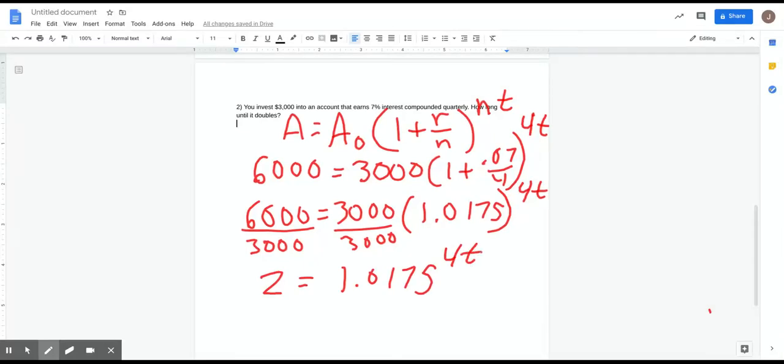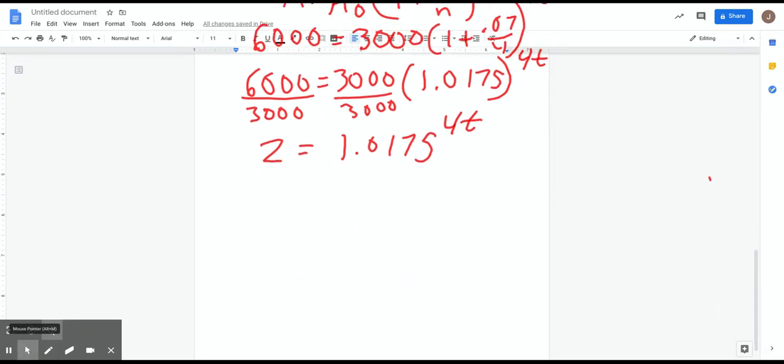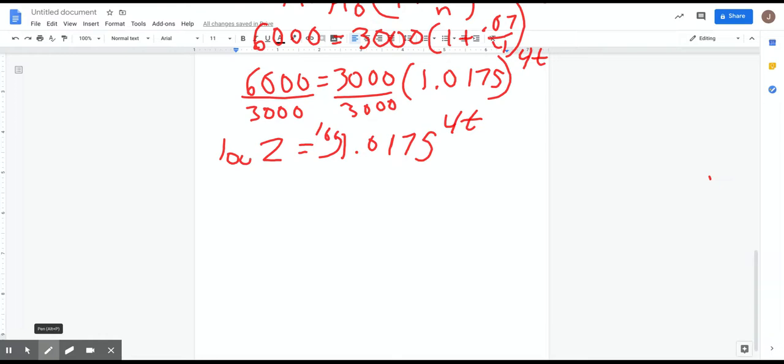So now, just like before, we'll take the log of both sides. Let me just scroll down here a little bit. So take the log. That will pop that 4t out front.